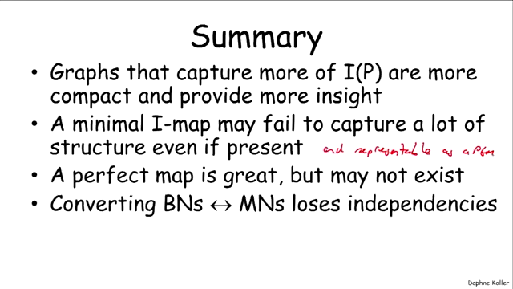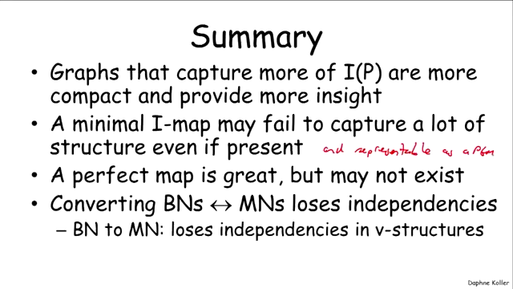And we've also seen that when we take a distribution that was naturally represented as a Bayes net and try to represent it as a Markov net, we generally do not get a perfect map. We lose independencies, and vice versa. Something that was naturally represented as a Markov net, you try and encode it as a Bayes net. Once again, you lose independencies. Specifically, when we go from a Bayes net to a Markov network, we lose the independencies in these structures.